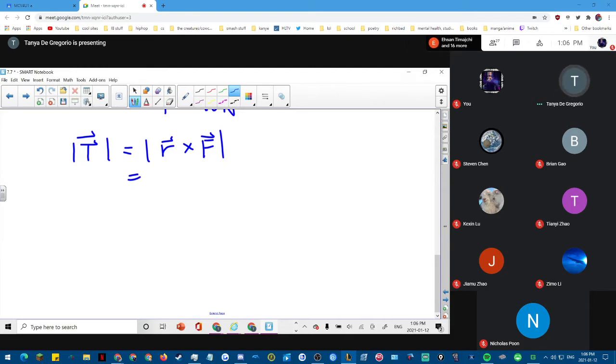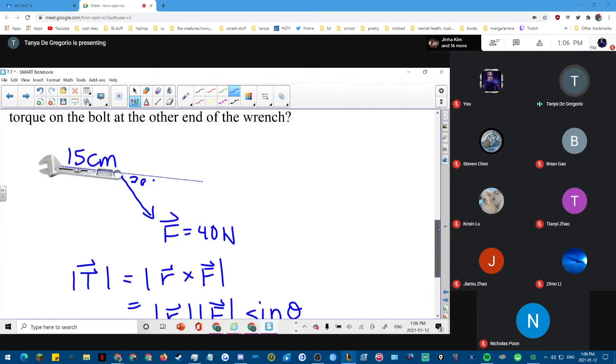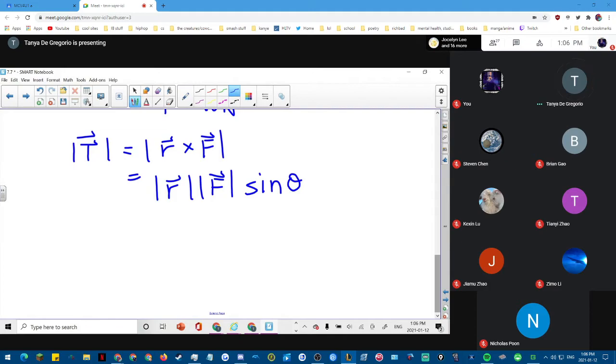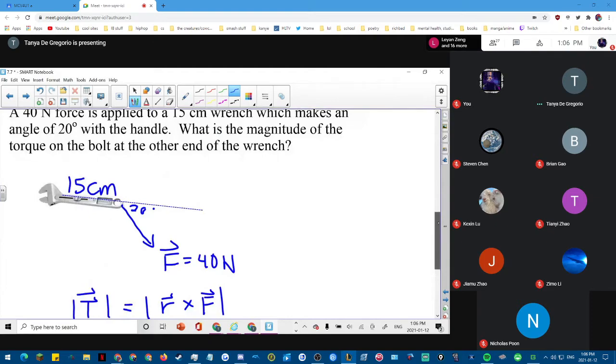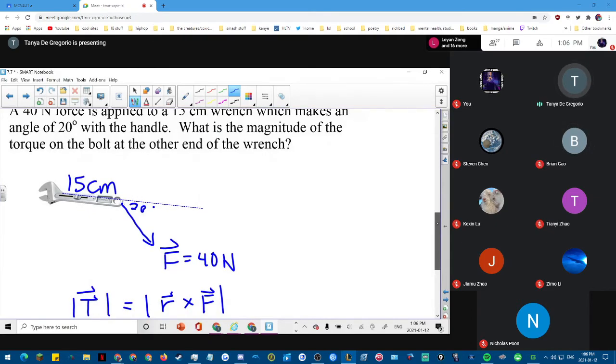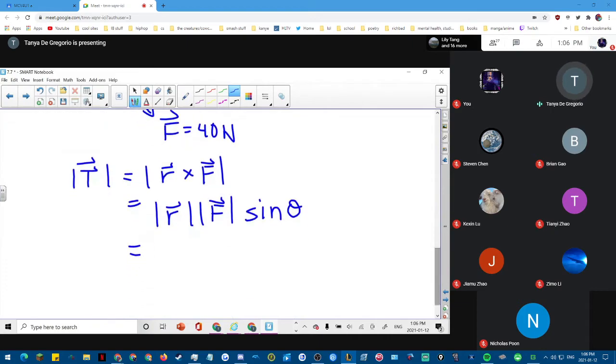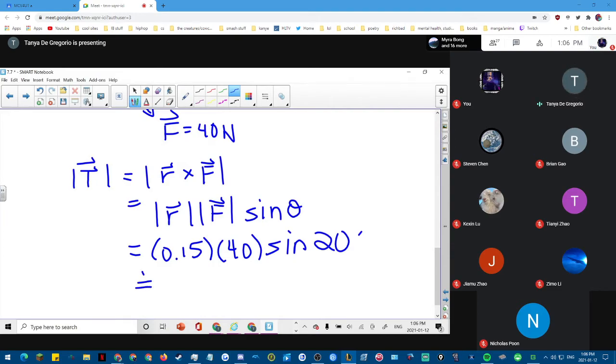All right, so doing the cross product, I'm going to be using the geometric form of my cross product because we're talking about an angle. We're dealing with a triangle here. We're not dealing with components. And you just have to sub in. So can I sub in 15 centimeters? No, good. It has to be in meters. And so I have to make sure to convert, so just be careful there. Force is fine. And that's it. Tell me approximately what the torque is.